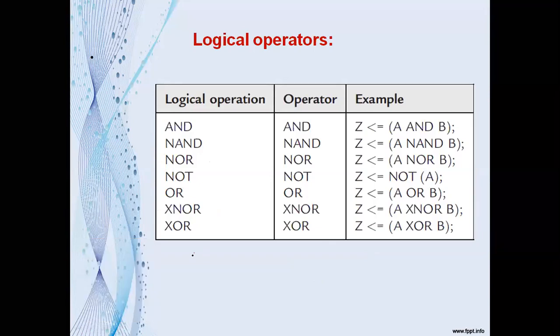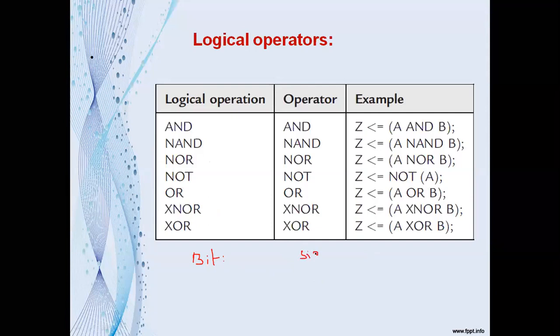If it is a bit type, let us first define a signal or an object here. An object could be a signal, a variable, a constant or a file. Now here we will take the example of a signal.